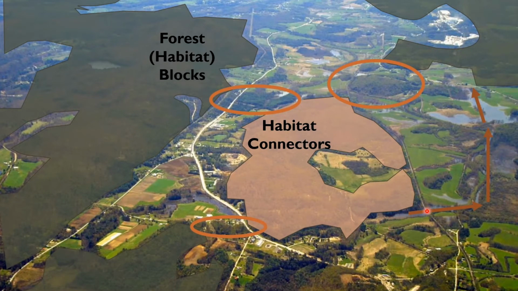I'll also point out that here we have another avenue of connectivity, these connected waterways, this stream and this pond or wetland here. So that's really exciting because it's much more actionable. It gives you lots of places on the landscape where you can look at and begin to plan for connectivity.